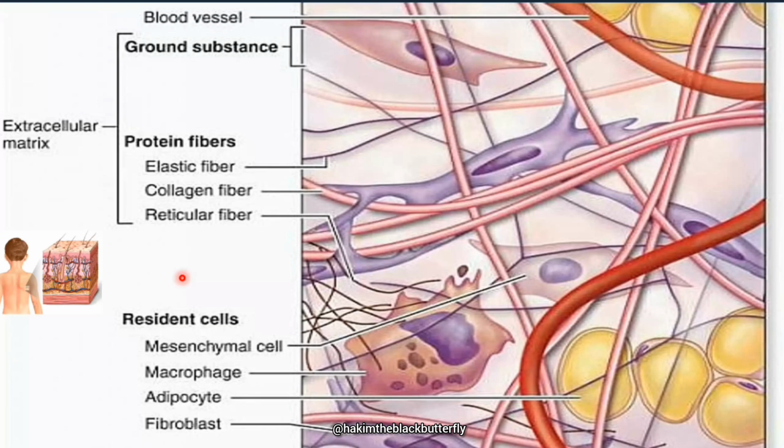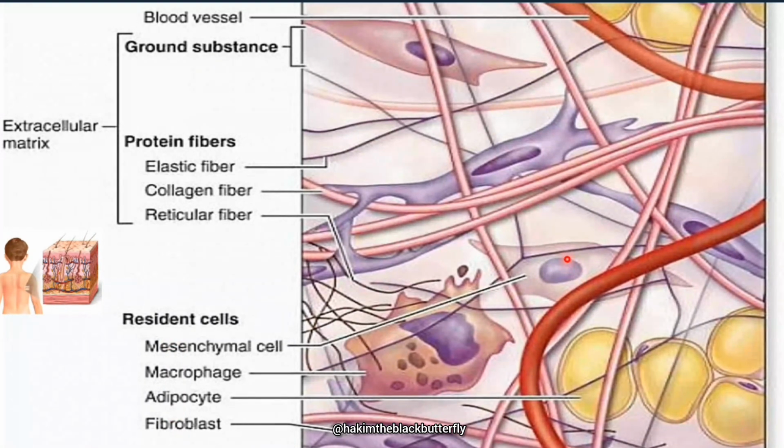So in general, if you look at the composition of connective tissues, you can appreciate it here. This can be any connective tissue of the body. It could be the dermis of the skin, or any other connective tissue. I'm just using this image to show you what connective tissues are made up of. Broadly, they are made up of particular types of cells.